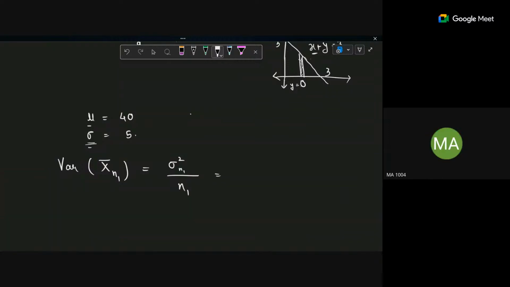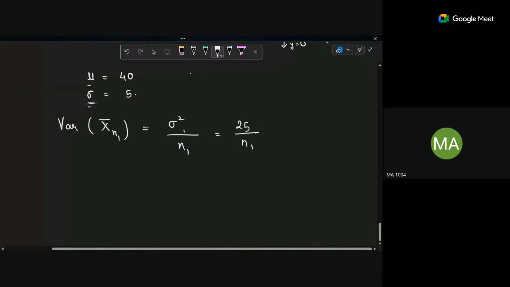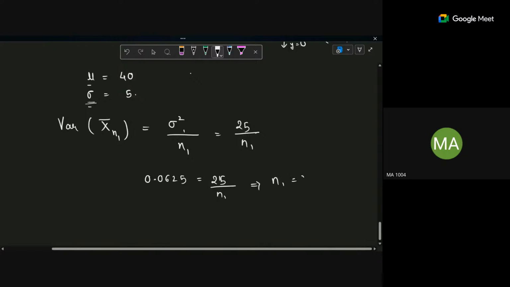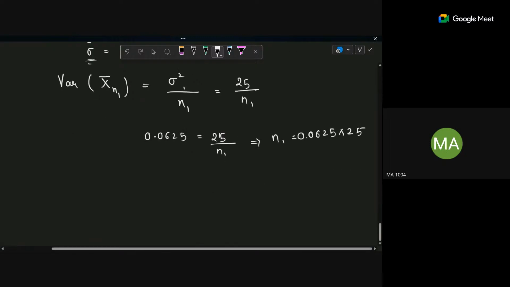So 0.0625 is equal to 25 by n1. So we have n1 from here. Similarly, we can have n2, the variance of x bar for n2.